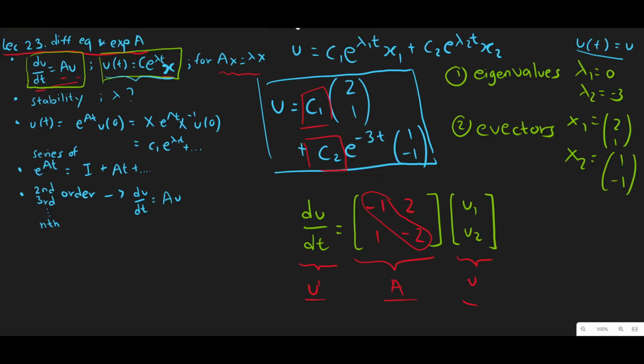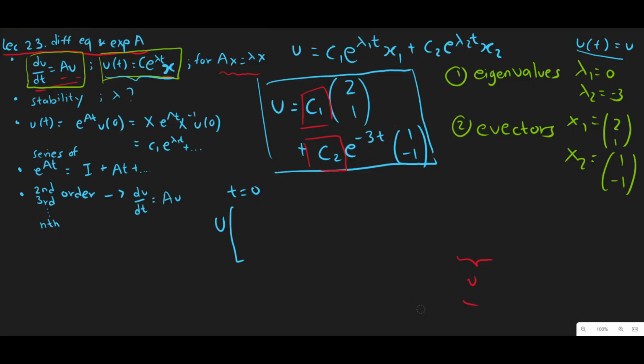It is by plugging in the initial vector. You remember, I think I deleted it down here, but there's an initial condition of u at t equals 0. Let me delete this because we don't need this anymore. Okay, at t equals 0, it is 1 and 0. So this is u at 0. Okay, so let's plug it in.